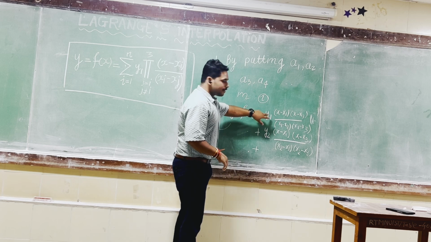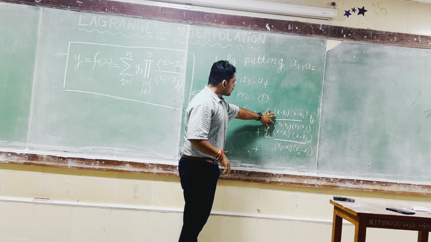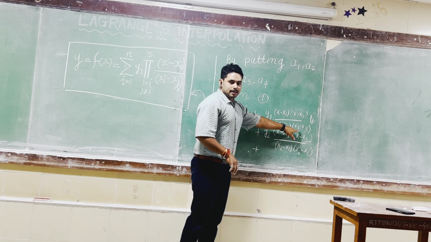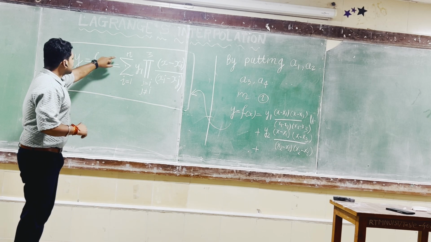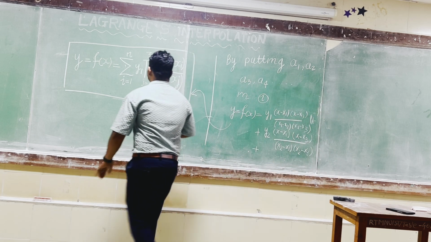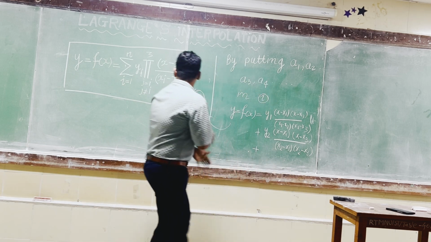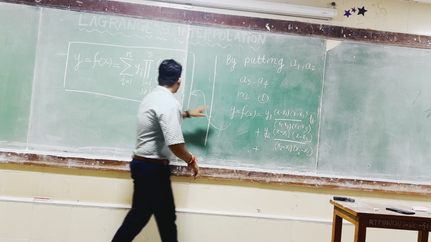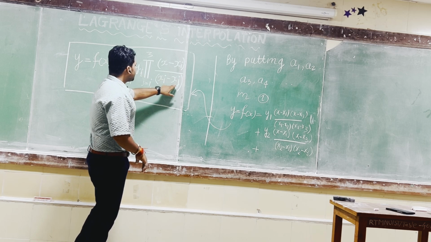Here, y1 is multiplied by a term which consists of a continuous multiplication of terms divided by another continuous multiplication. In summation form, we get the summation of y_i, the multiplicative term, the product of (x minus xj) divided by (xi minus xj).